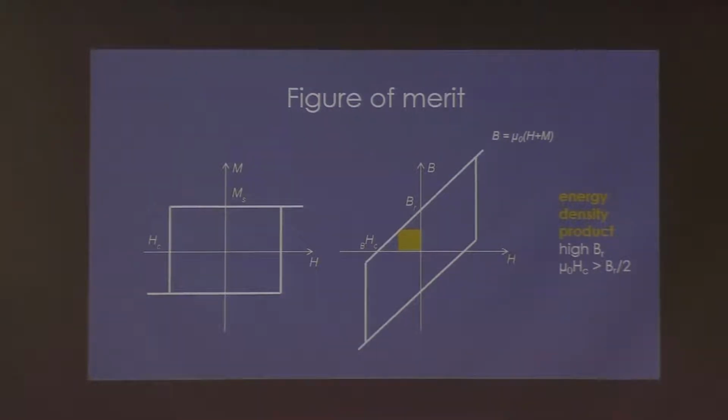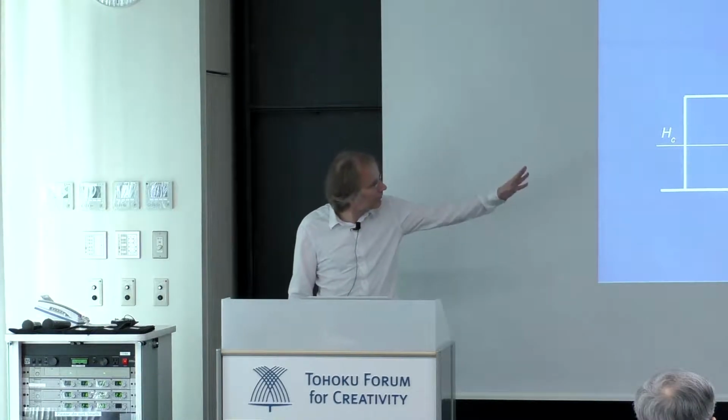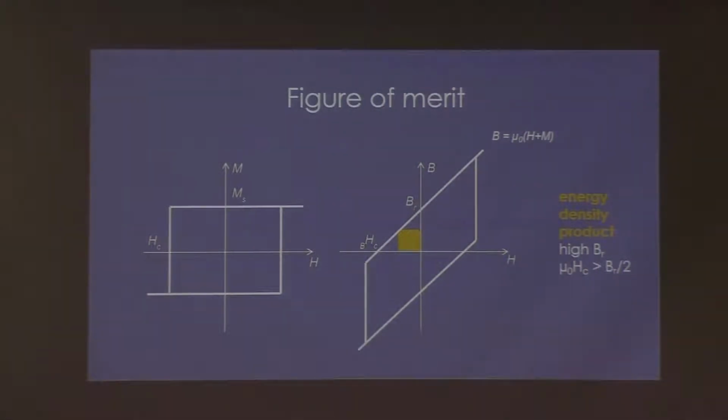And this energy we want to increase, so our effort is how can we design a permanent magnet so that the energy density product is maximized? Looking at this graph, we already see that the higher the remanent magnetization, the higher will be the energy density product. It's a law that goes with the magnetization squared.